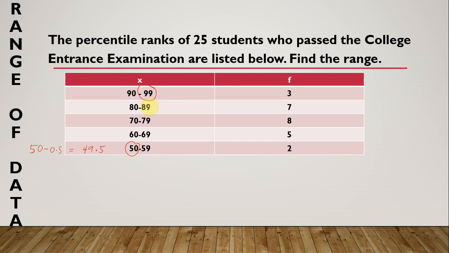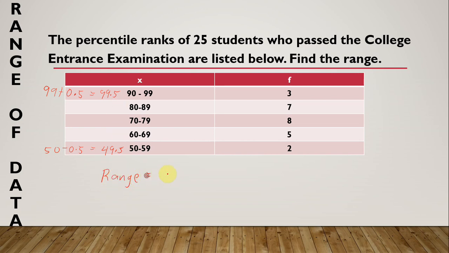And for the upper class boundary of a given class, it is obtained by averaging the upper limit of the class and the lower limit of the next class, or simply adding 5/10 to the upper class limit. So that is 99 plus 5/10, or simply 99 and 5/10. So after natin makuha yung upper class boundary at yung lower class boundary natin, ang gagawin lang po natin ay pagsusubtrakin sila para makuha po natin yung range.